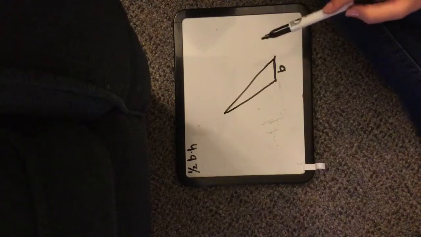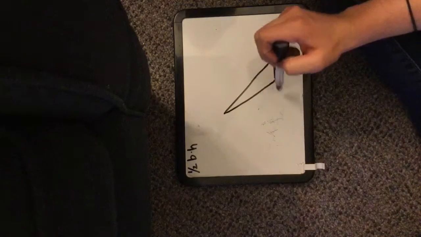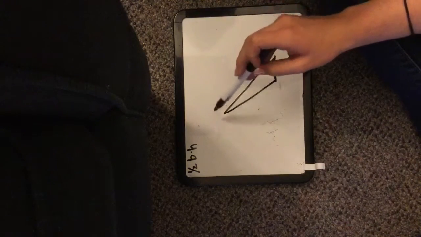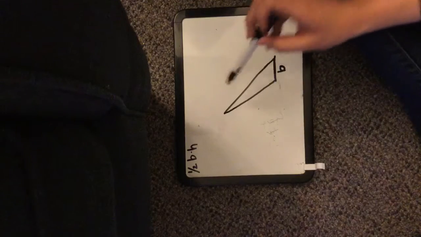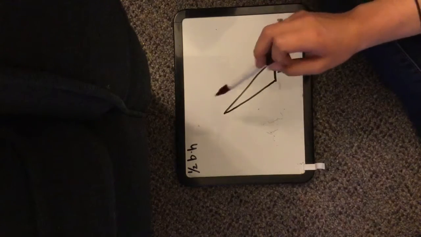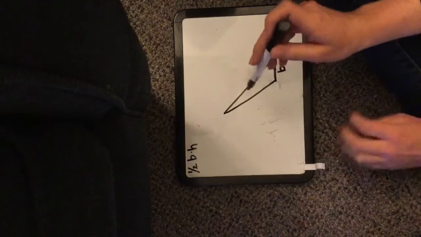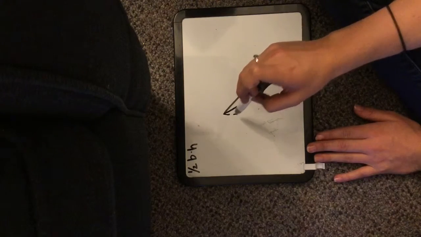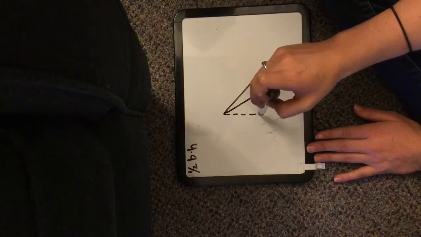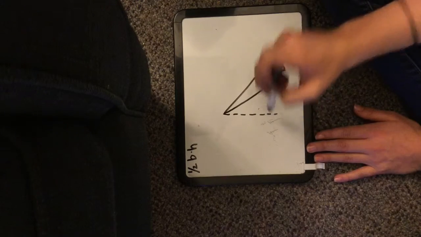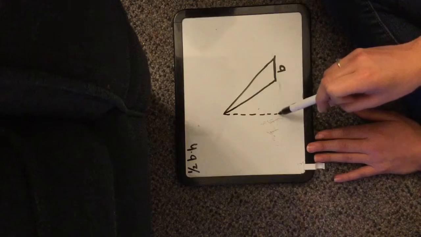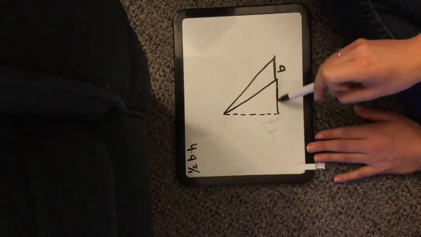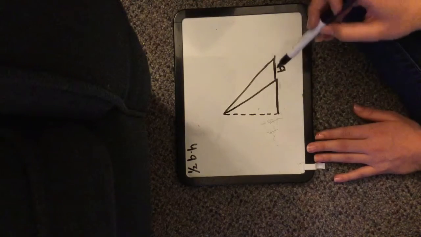And in an obtuse triangle, there's no right angle to be the height on the triangle, and there's no room inside the triangle to make our maximum height. So we have to make our maximum height outside of the triangle. We do this by making our maximum height and then connecting it to our triangle.